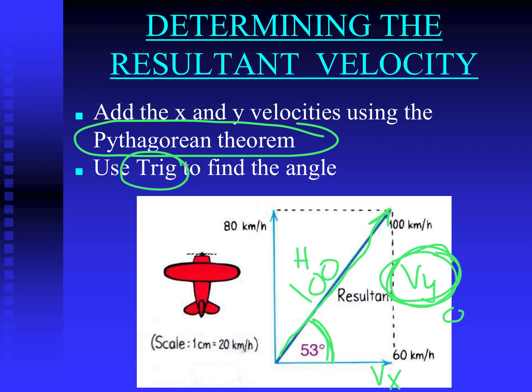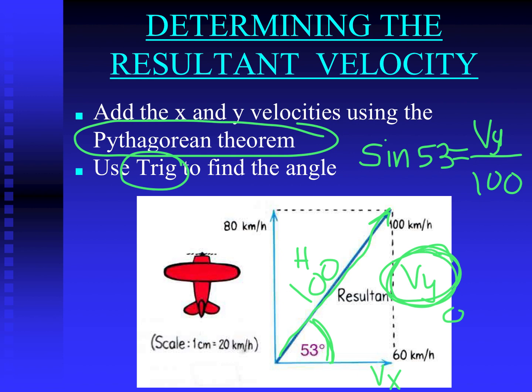So I could actually just do the sine of 53 is equal to, sine is opposite over hypotenuse, so sine would be Vy, and my hypotenuse would be 100. So by knowing my SOHCAHTOA and knowing my angles, I can use either Pythagorean theorem or trig to help figure out what my sides are.